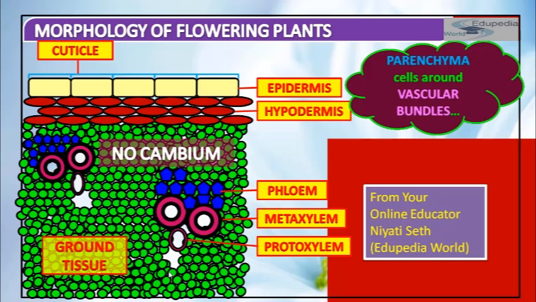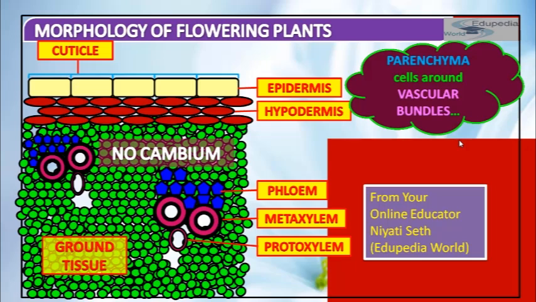Because this is a water-filled cavity, students. Xylem is described as endarch because the metaxylem is towards outside and protoxylem is towards inside. That's why xylem is described as endarch, students.